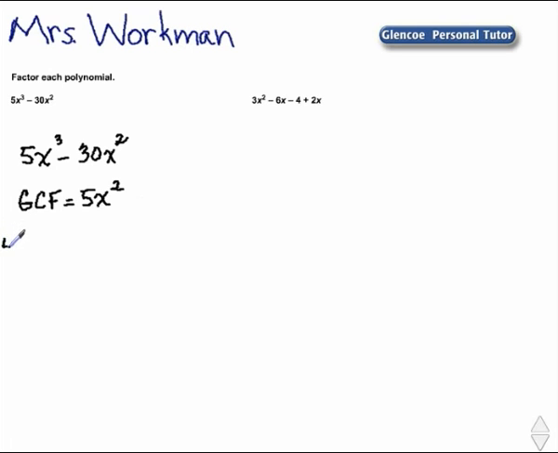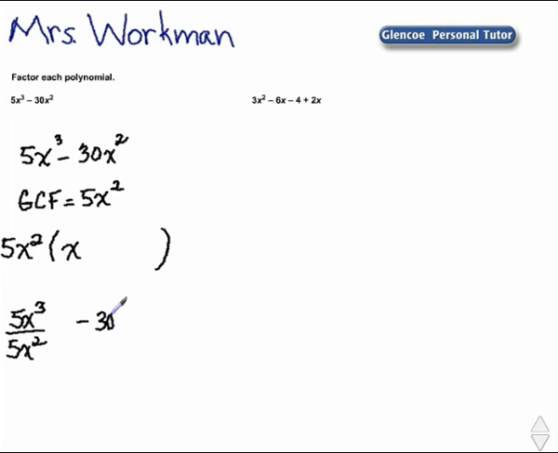We're going to use the distributive property to factor this quantity from both of these. In other words, 5x cubed divided by 5x squared is x.